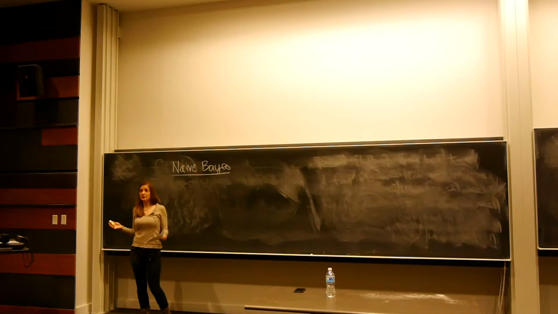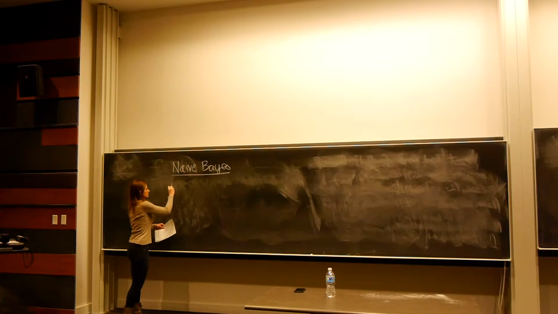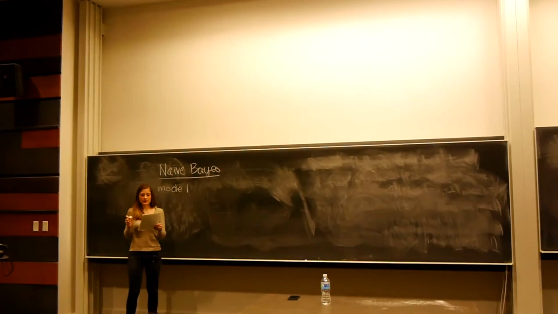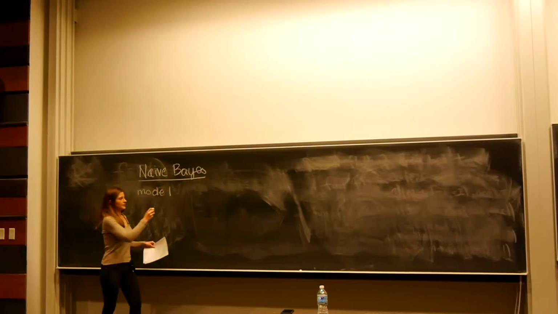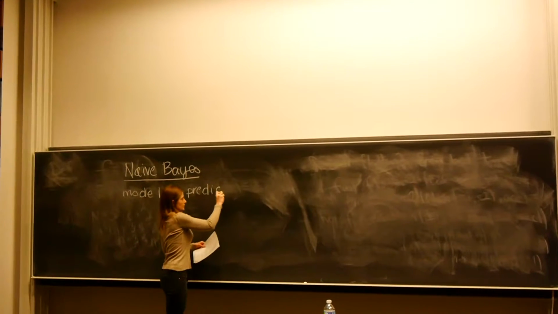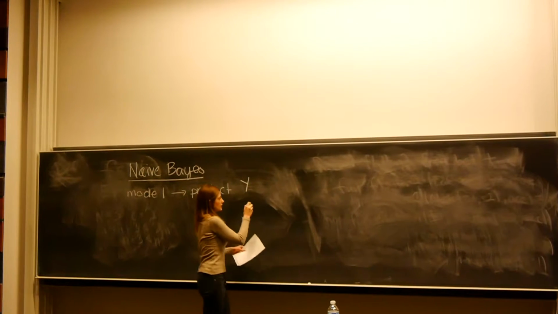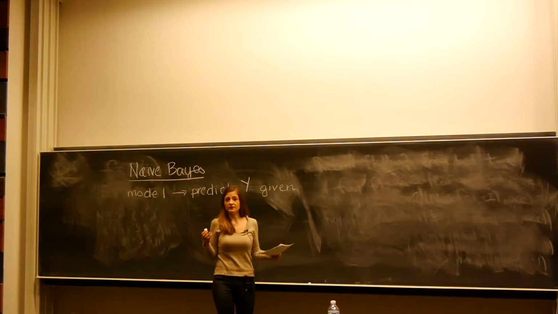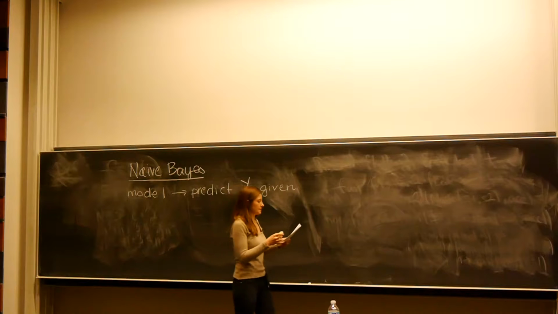So naive Bayes is a classifier, right? And the goal of a classifier is usually to learn a model that can predict some label y given usually some set of features which we'll call x, right?